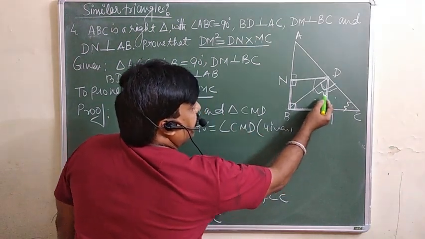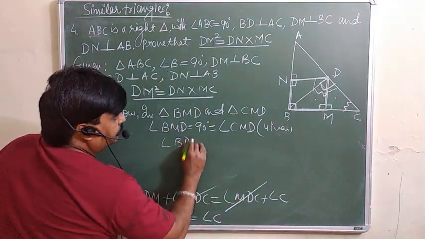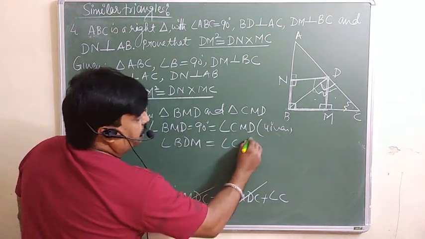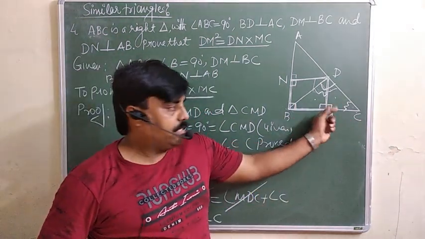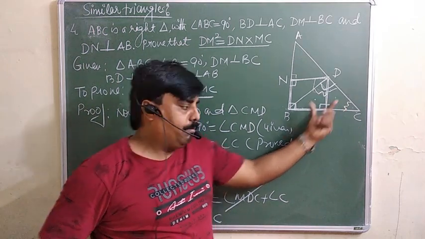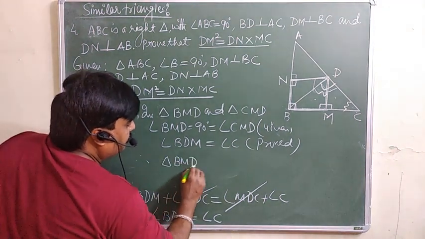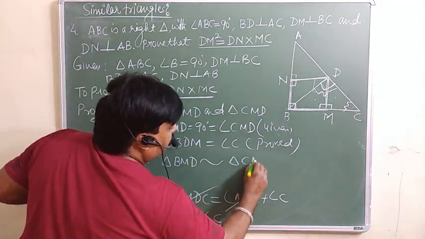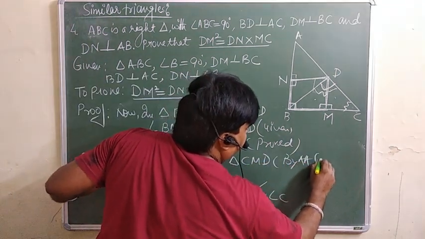This is 90 and 90 and this angle is equal to this, already proved. Angle BDM is equal to angle C. So in these two triangles, this is 90, this is 90, this angle is equal to this one. So you can say these two triangles are similar. Therefore you can say the triangle BMD is similar to triangle CMD by AA similarity.